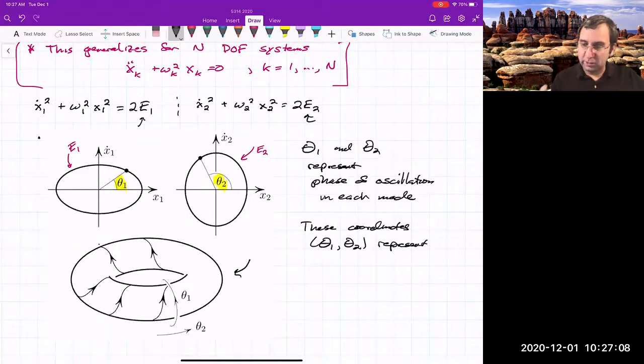So we're just geometrically representing it as motion on a torus. Technically, mathematically, this is called a two torus, but it's the usual torus, surface of a donut.